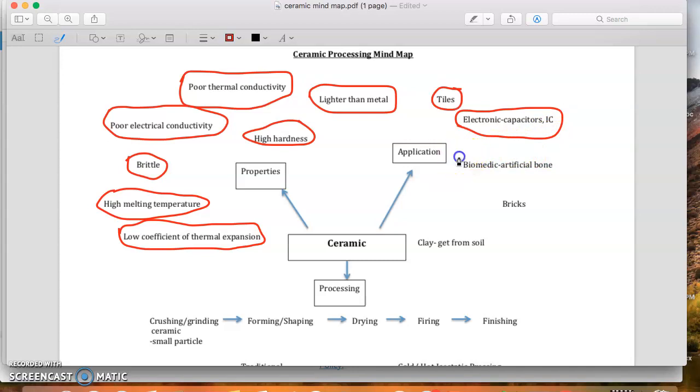It is also used as artificial bone in the biomedical industry, and in construction it is used as brick to build the structure.